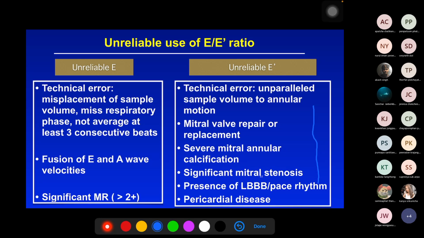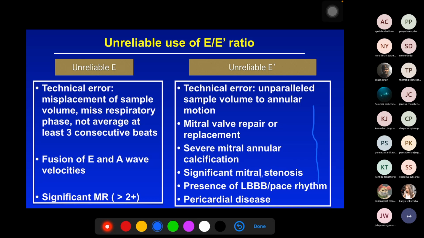The movement of the mitral valve annulus is limited. That's why we should not rely on the E prime velocity, because we might get an E prime velocity less than usual. So in this condition we should not use the E prime.